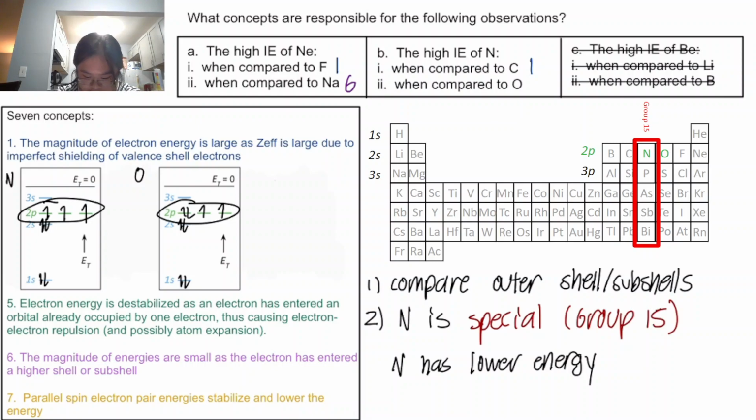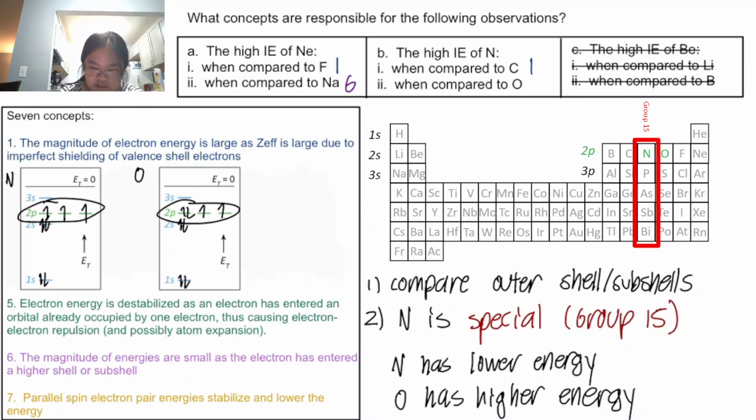So because of this destabilization, oxygen has a higher energy. And so since nitrogen has a lower energy than oxygen, nitrogen has a larger ionization energy. So the answer to this part is a combination of concept 5 and concept 7.